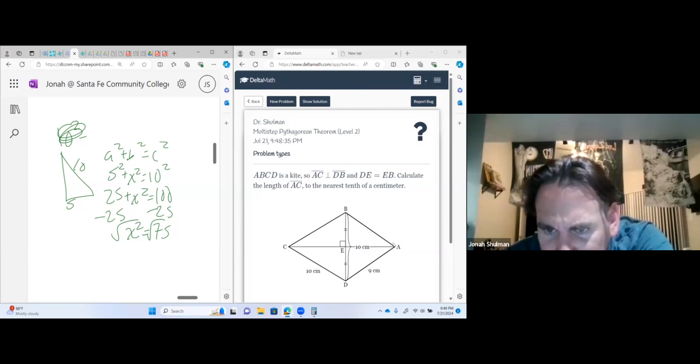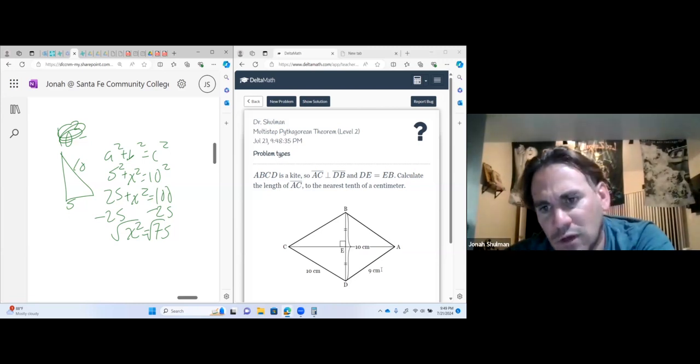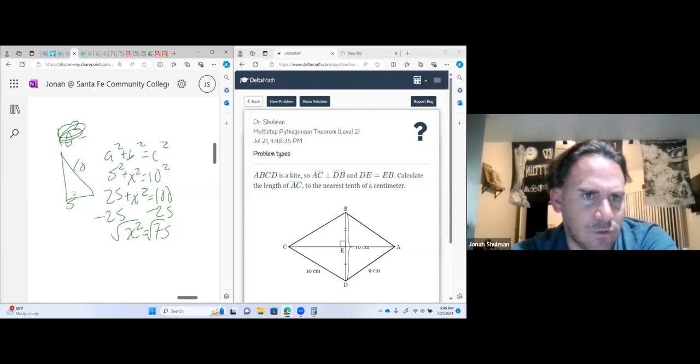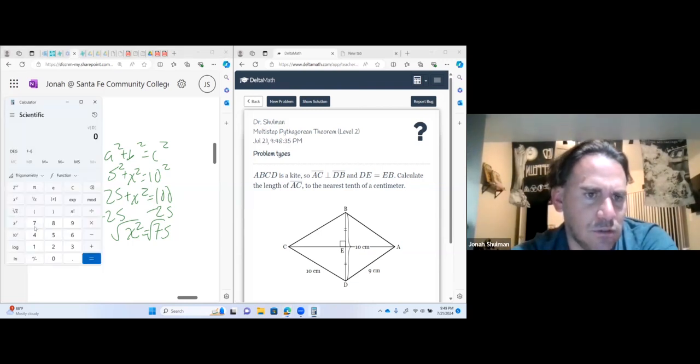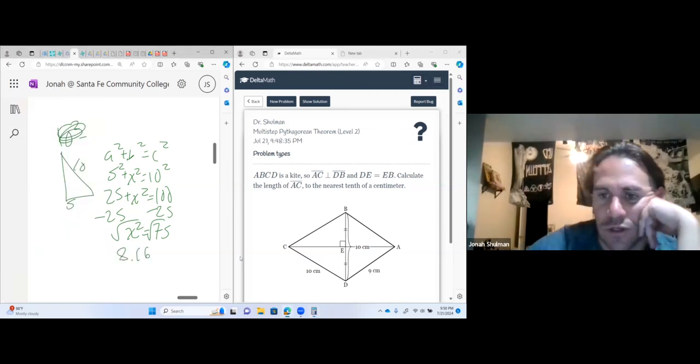And we just want AC, right? Okay. So this gives us this piece, and then we have to do it on this side for the other one. So the square root of 75 is the first part of our answer, which is 8.66. So we're just going to have to add it to this one. So we know this is 5, and now we have 9.